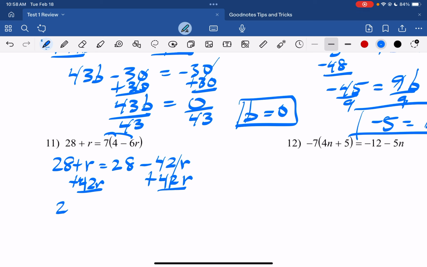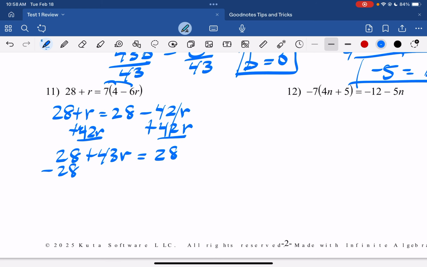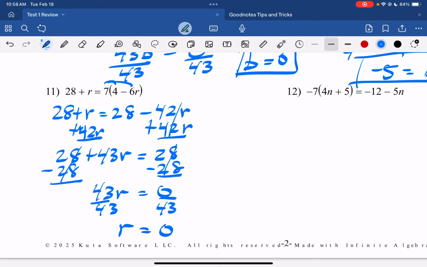And that leaves us 28 plus 43r equals 28. We'll then subtract 28. We're in a two-step equation. And 0 here, but also 0 on the other side. So we got to divide by 43, and once again, 0 is the answer.